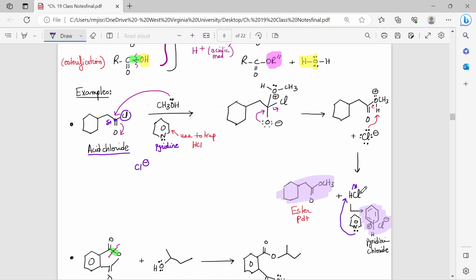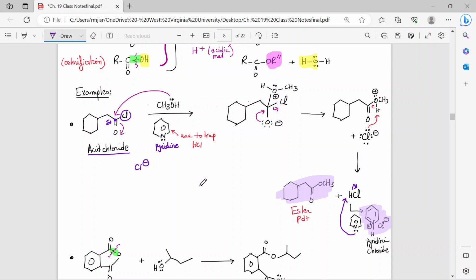And this is my target because, as I said, HCl is a very bad acid to form in any reaction. If we can trap it or prevent it from forming, then we need to do so. The reaction is going to proceed by the nucleophile attacking the carbon of the carbonyl, forming a negative charge on the oxygen.